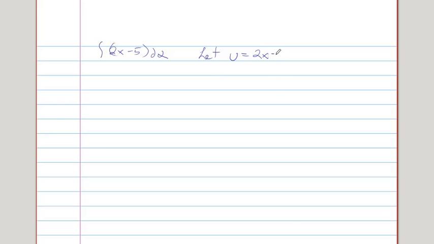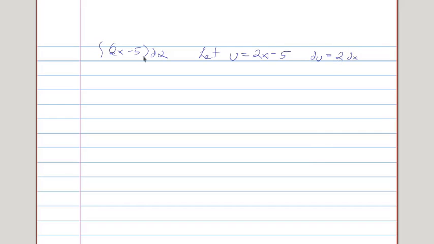I could let it equal that whole thing. What's important is that when we take the derivative of u, and I'm just going to call this du, I'll put my dx on the other side. That's what we do in integration. So the derivative of u is 2, and then I'll put a dx.